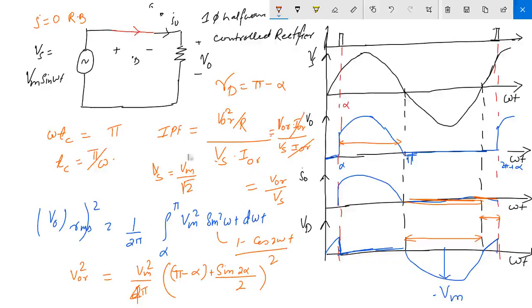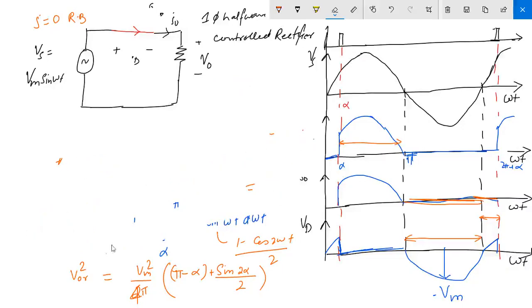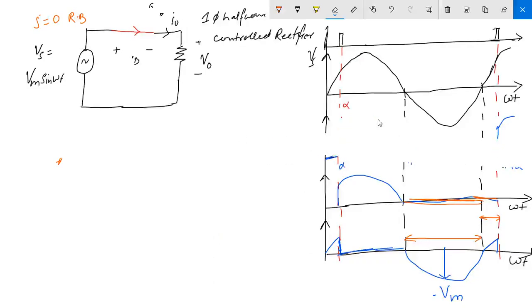Now I won't do all the loads of this. I'll do one more load, that is your inductive load. It's a special case, and that's why let us do this special case of inductive load. Here I am rubbing this because our waveform will be changing somewhat.